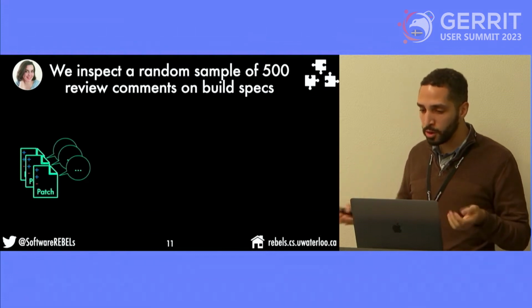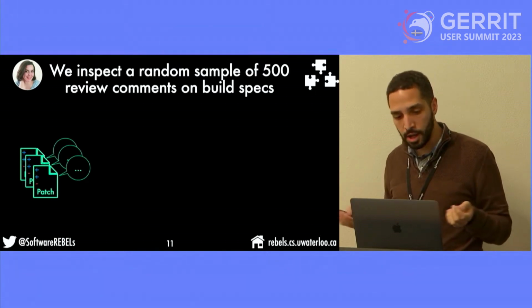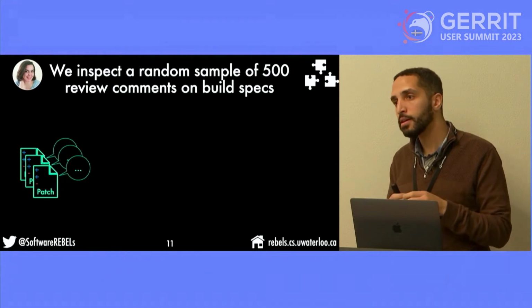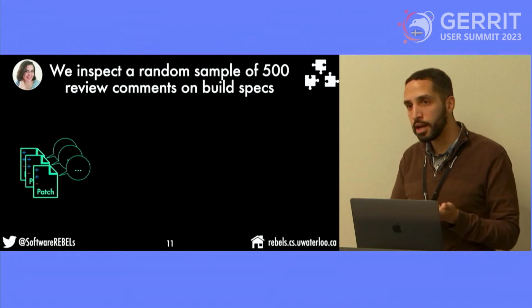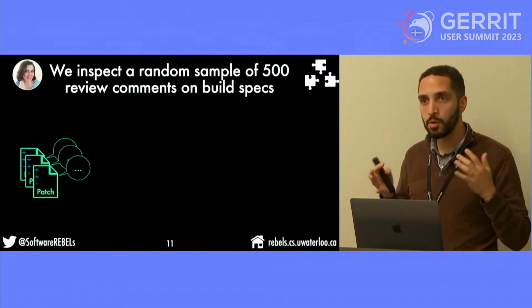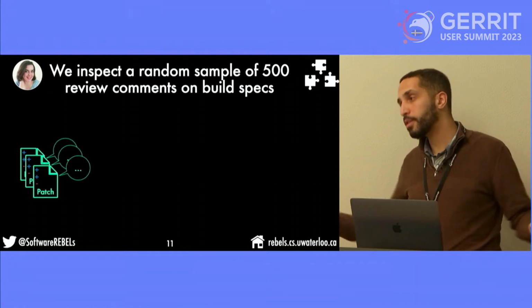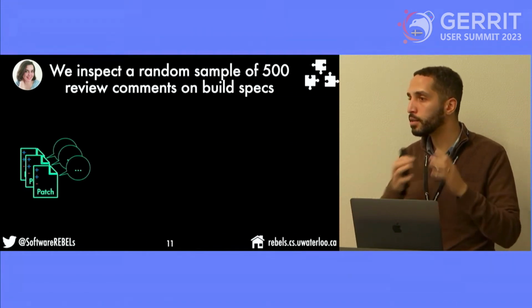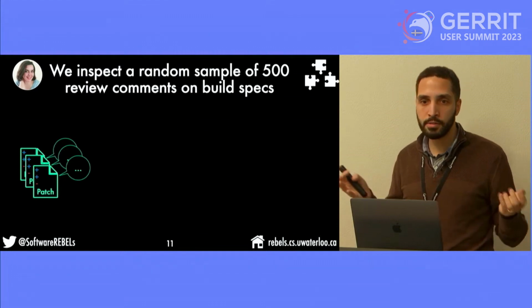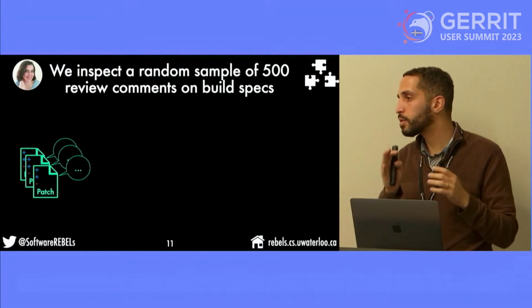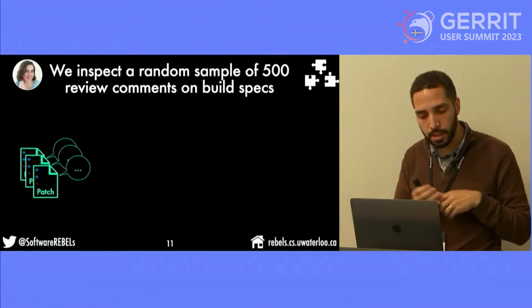So we drew a random sample of 500 comments. Now this random sample of 500 comments is drawn such that we get a 95% confidence that the true measurement, if we checked everything, would be within 5% plus or minus of what we measured. So 19 times out of 20, the measurement we're reporting is within 5% of what it is in the population.